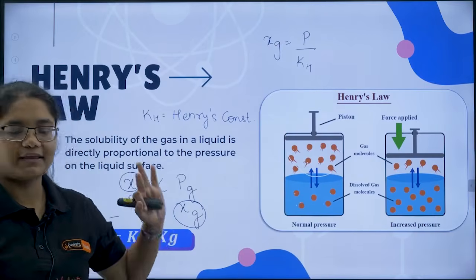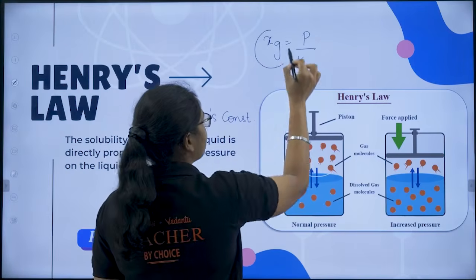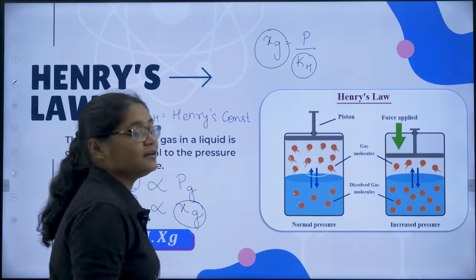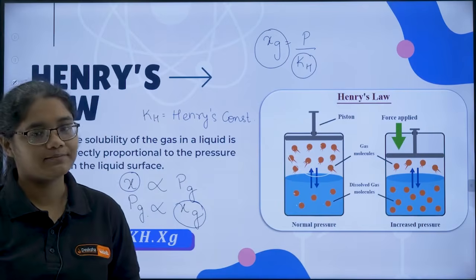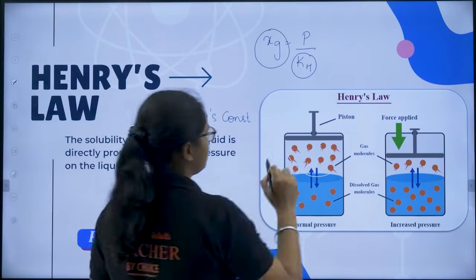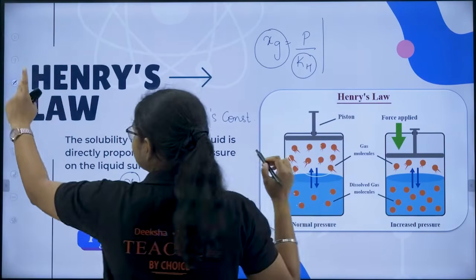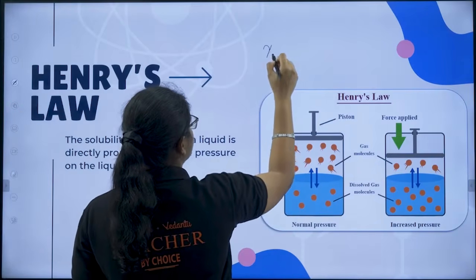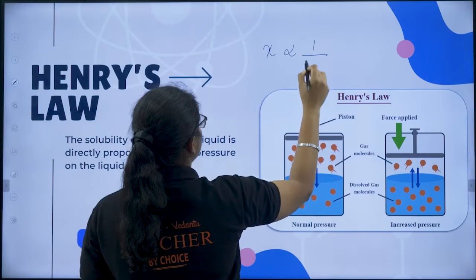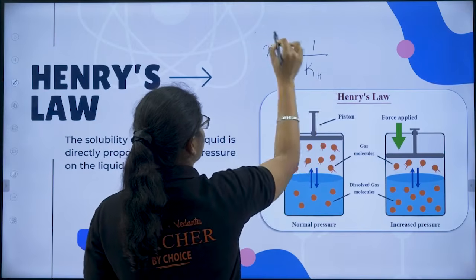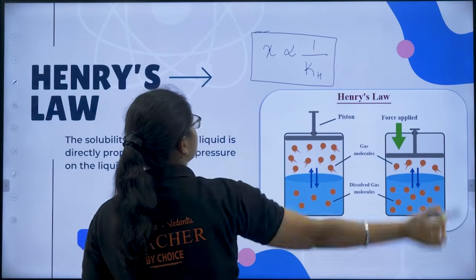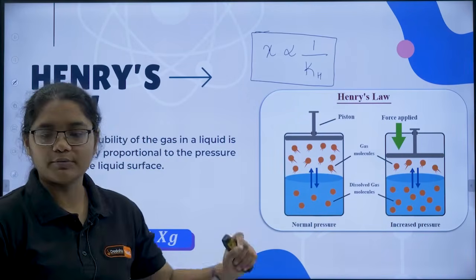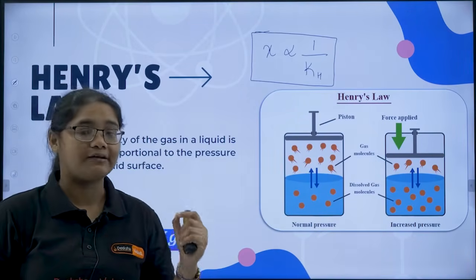So can we say that the solubility and Henry's constant are inversely proportional to each other? Here is one important conclusion, let me write it down: solubility is inversely proportional to Henry's constant. Please note this down, this is very important.